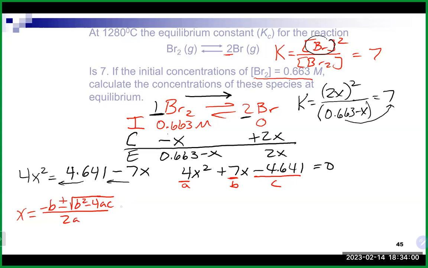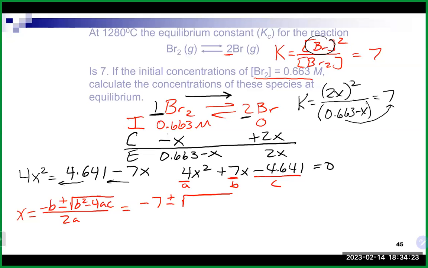So putting our numbers in here, we're going to go with negative 7 plus or minus the square root. If you do what's inside the square root, that's basically 7 squared minus 4 times a times c.